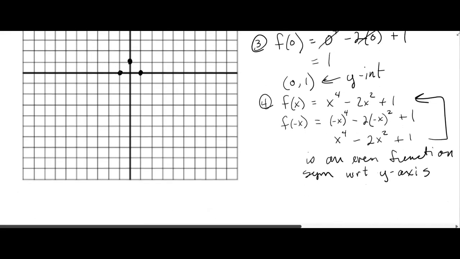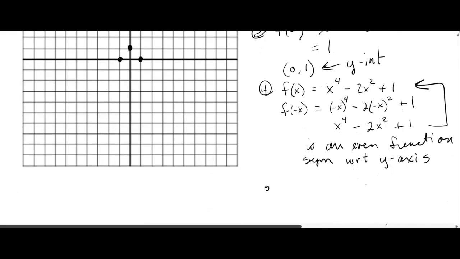How many turning points can I have? The number of turning points I can have, at most, is 3. Okay, so that really helps me out. Now, if I wanted to find more points, I could.